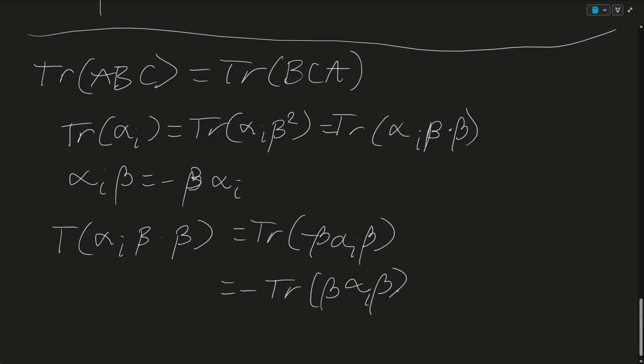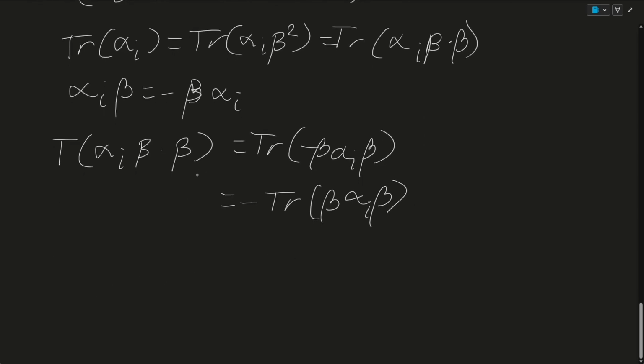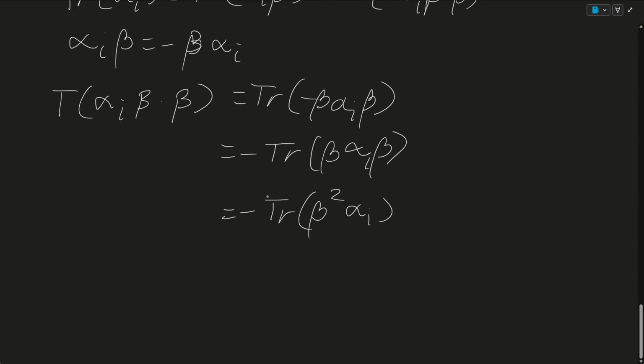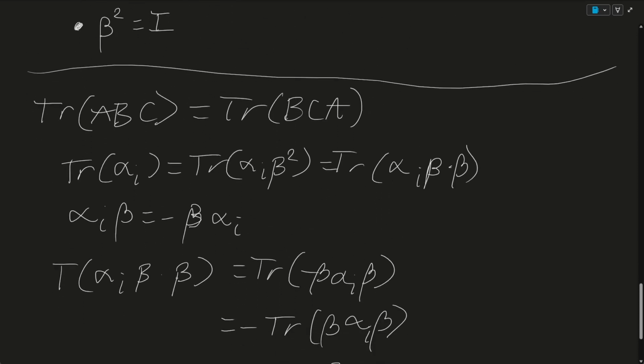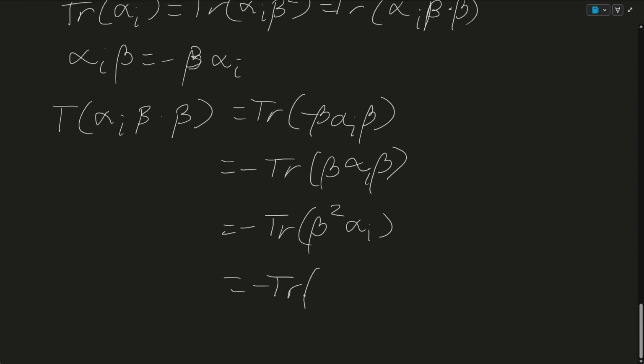Okay, right, now I'm less kerfuffled. We can cycle this to the front, so that's minus the trace of beta squared alpha sub I. And since beta squared is the identity, that's just minus the trace of alpha sub I.